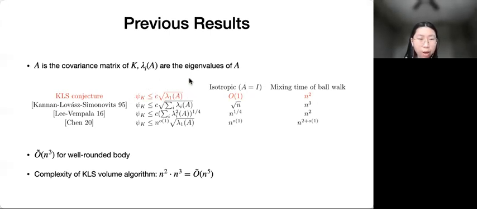The KLS conjecture says that psi K is at most C times the square root of lambda 1 of A. And this gives a mixing time of the ball walk in isotropic position of n squared.